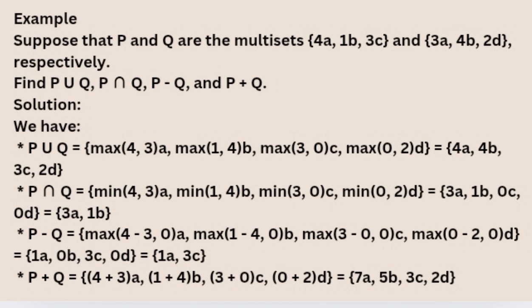P minus Q equals {max(4-3,0)A, max(1-4,0)B, max(3-0,0)C, max(0-2,0)D} equals {1A, 0B, 3C, 0D} equals {1A, 3C}.